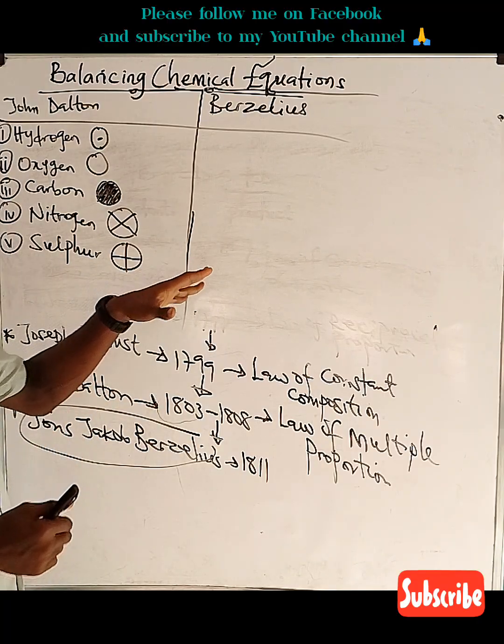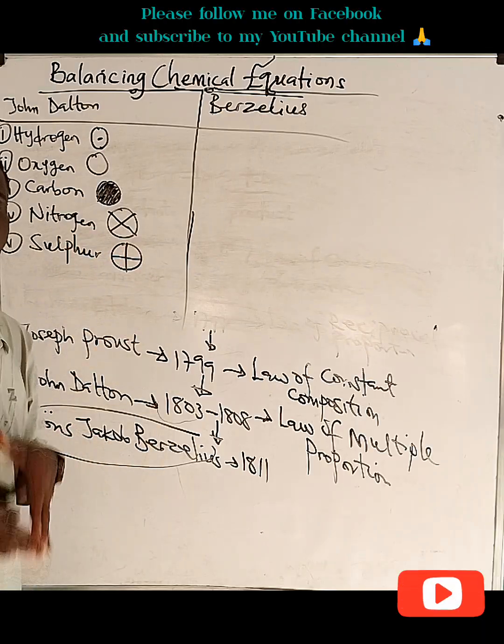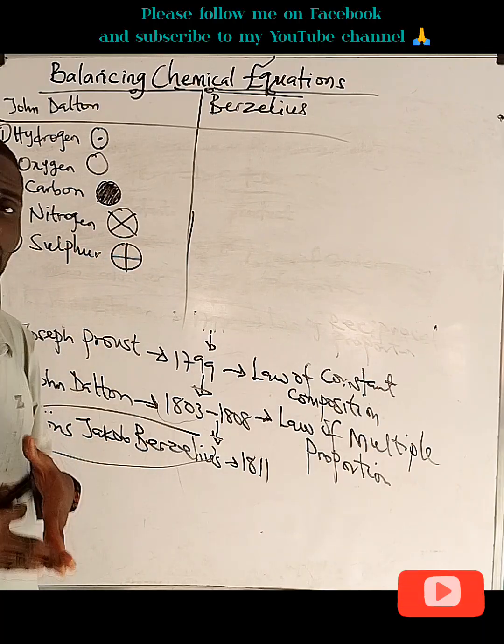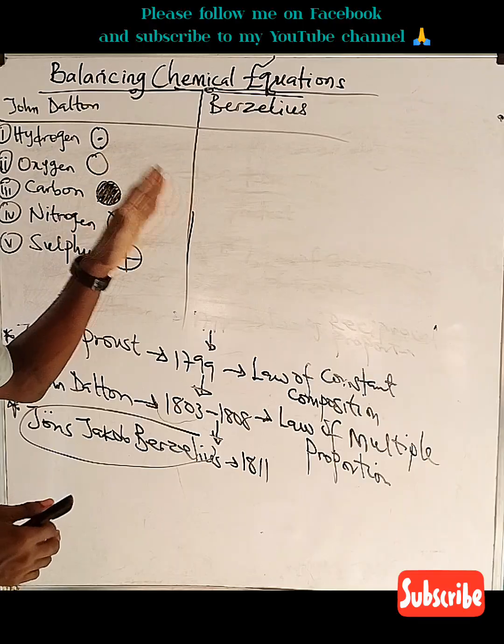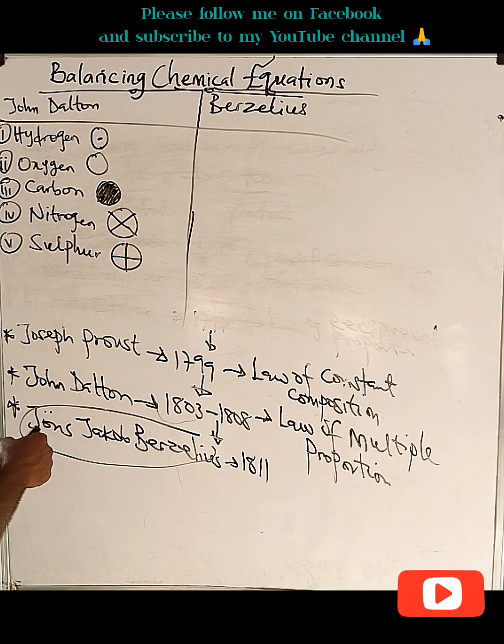But when Berzelius came on board, he used proper symbols that we use now. The symbols according to IUPAC that are being used in chemistry were invented by Jöns Jacob Berzelius. So let's see Berzelius' symbols.